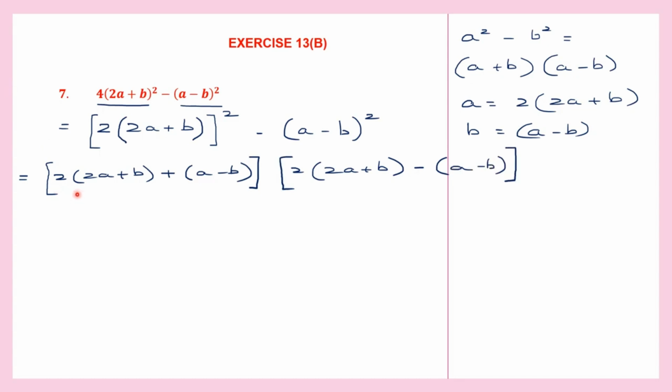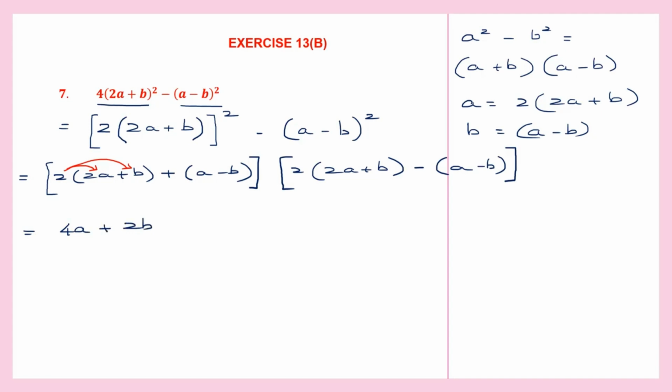So what do we have now? A plus b into a minus b. Now let's open the brackets. So now when we open brackets, we have to remember to multiply with this first and then this, because it's multiplication. So let's open brackets. 2 into 2a is 4a plus 2 into b is 2b.